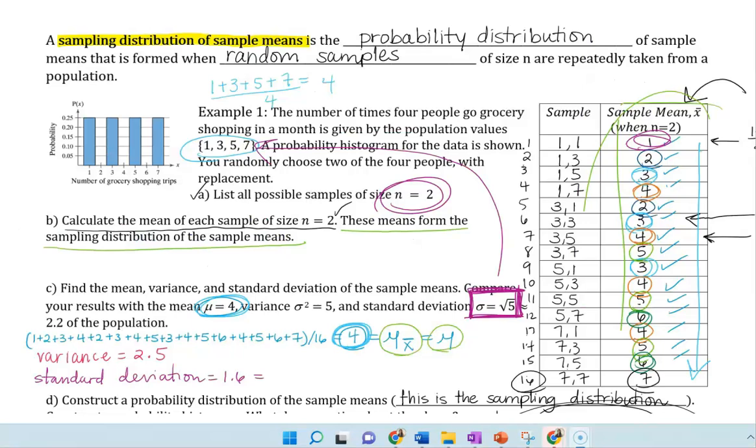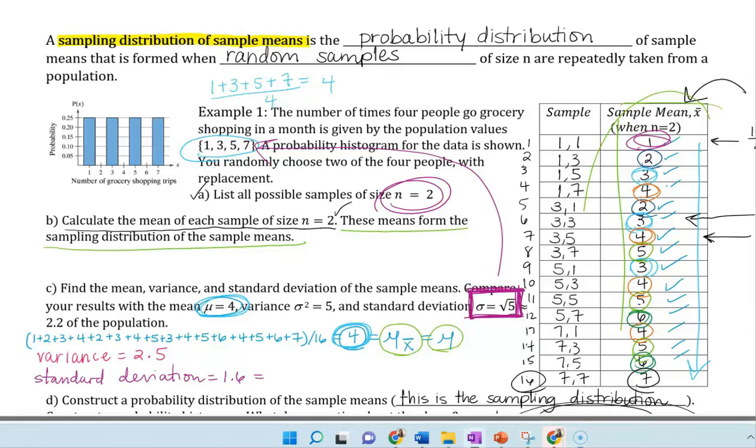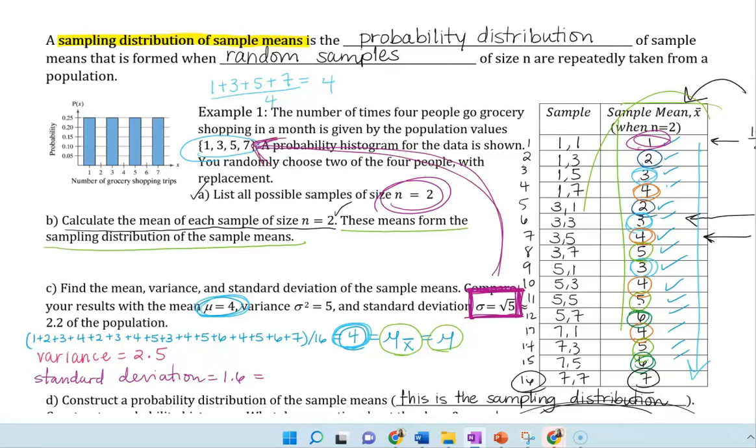And what's not as obvious is that the standard deviation we have of 1.6 is equal to the original standard deviation of the population, which was the square root of 5 that was given to us, divided by the square root of the sample size that we took, which was 2.